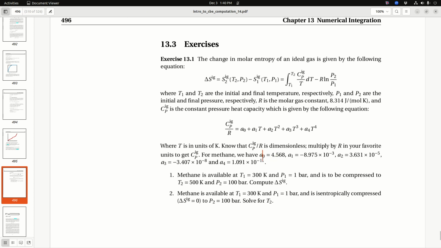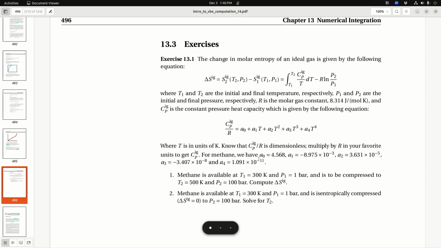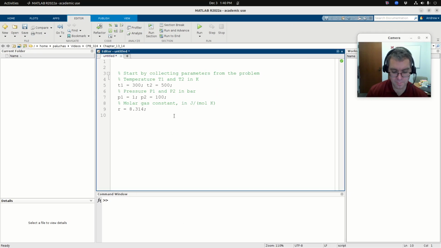So we have A0 through A4, and I'm going to multiply by R to get constants in units of joules per mole Kelvin.